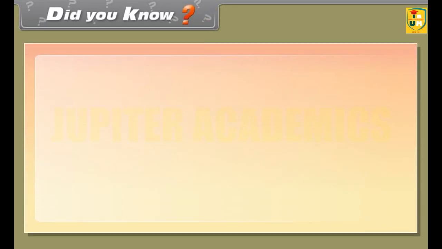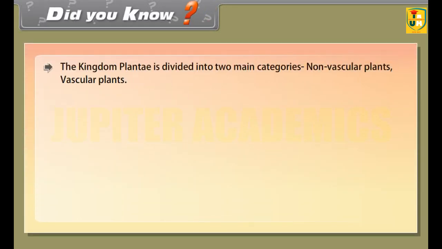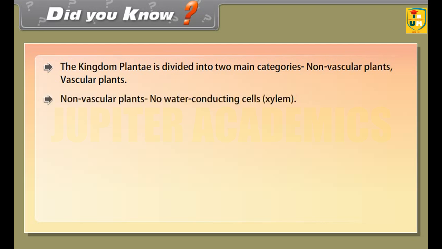Did you know? The kingdom Plantae is divided into two main categories: non-vascular plants and vascular plants. Non-vascular plants have no water-conducting cells, xylem. It has only one division, Bryophyta, mosses and liverworts.